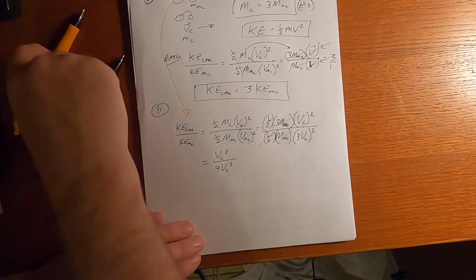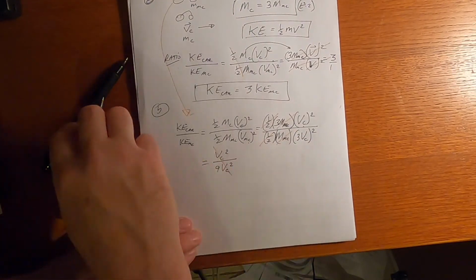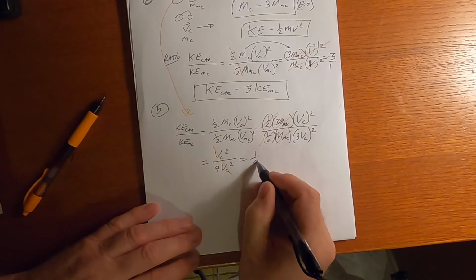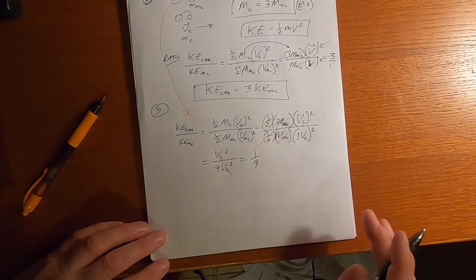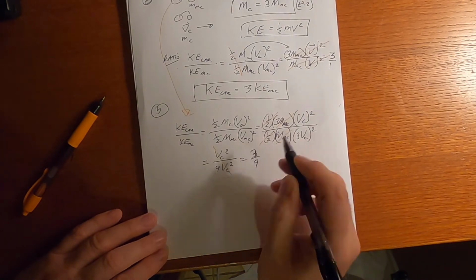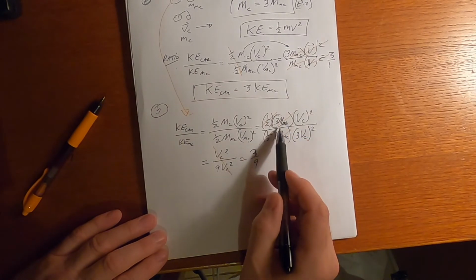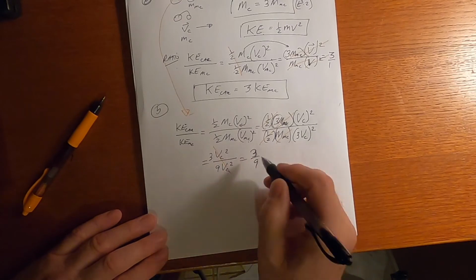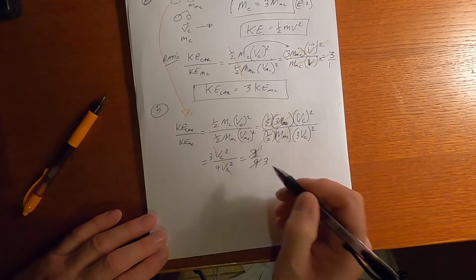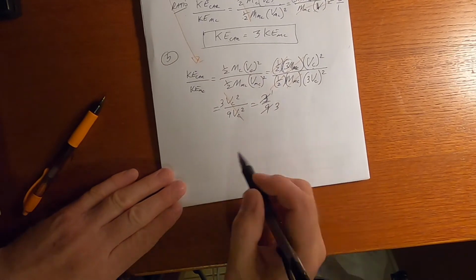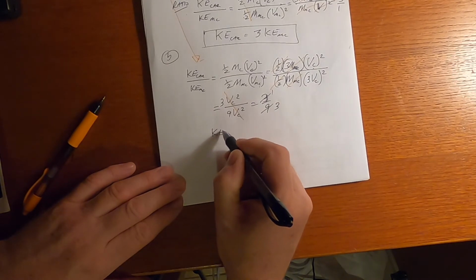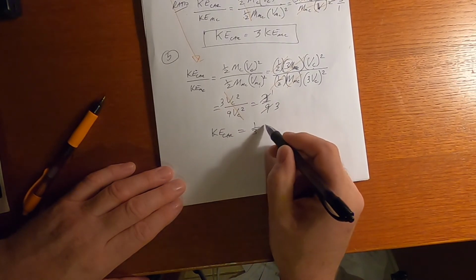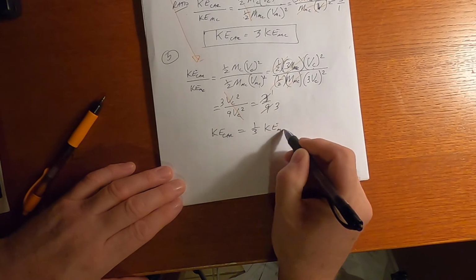Velocity squared drops out, and we get 1/9 times the 3 on top, because the mass is 3 times more, so we get 3 over 9, so that's 1/3. So we get kinetic energy of the car equals 1/3 the kinetic energy of the motorcycle.